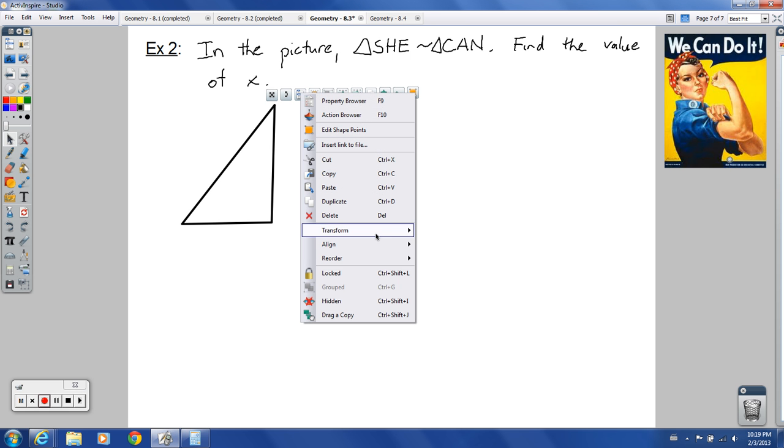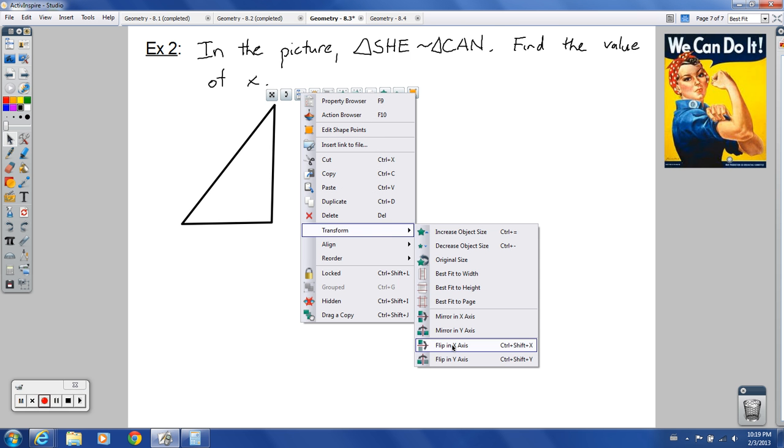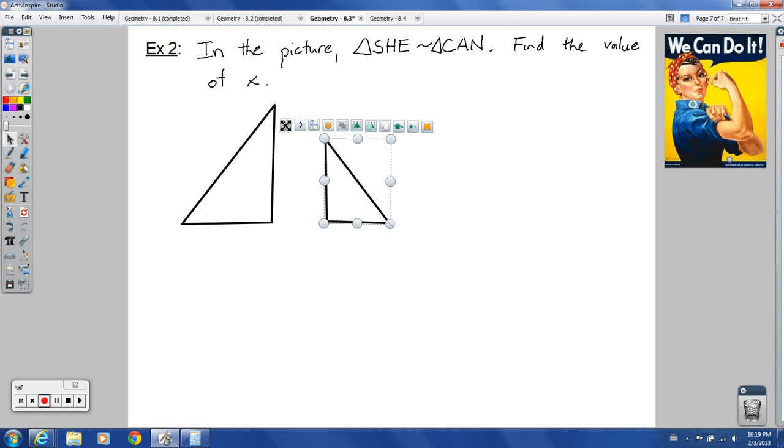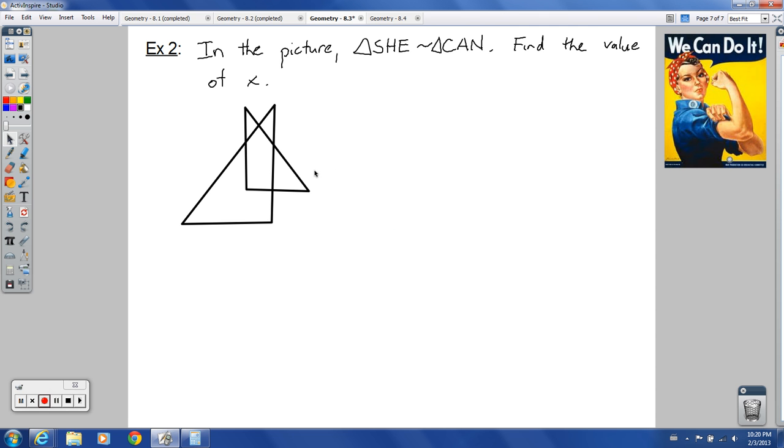Okay, there it is. Transform, and I want to flip in the y-axis. All I did was adjust the shape so that it was still proportional, shrink it down, and then flip it over the axis. If I were to undo all that, unflip it and blow it back up again, I would be good, but I don't want to do that. I want to keep it like that.